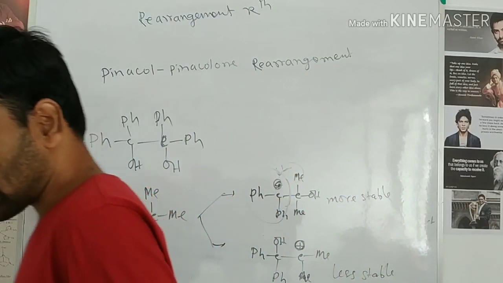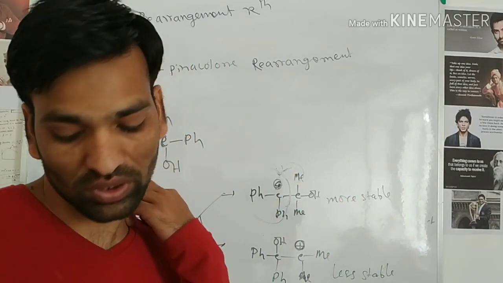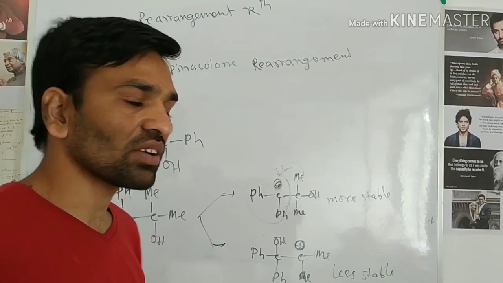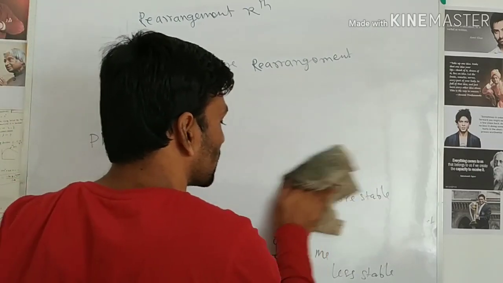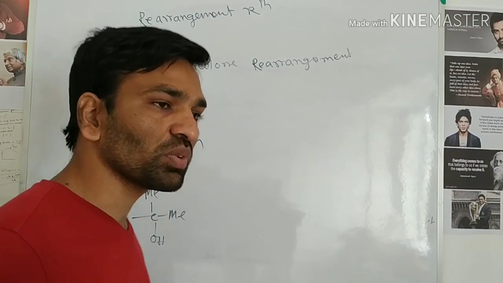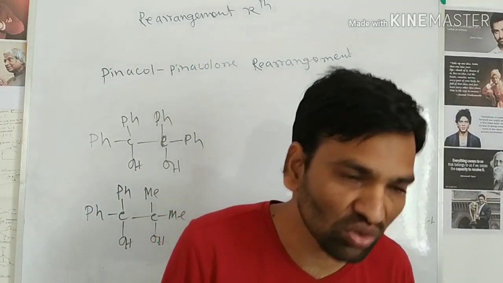So in the presence of unsymmetrical hydroxy groups, the preferential hydroxy group is protonated and leaves to form the more stable carbocation.